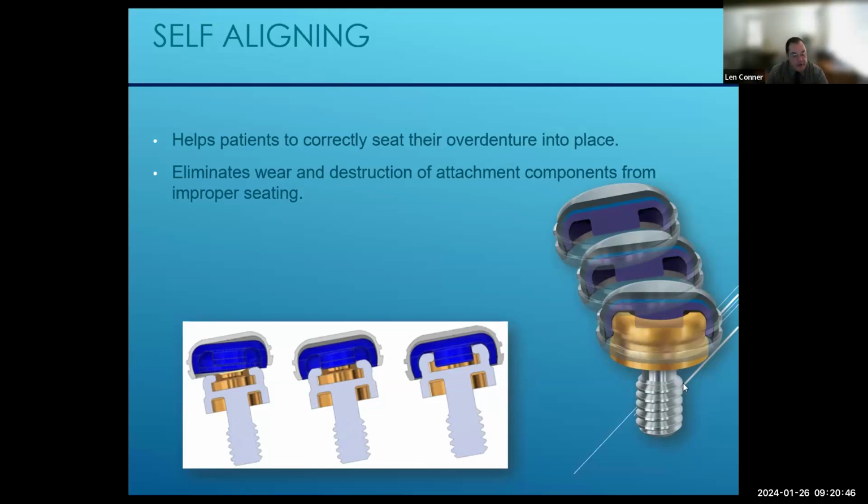It's also really important that you use the processing components for any of these appliances that you're using. For example, with locators, you have the black processing housing and cap that comes into the metal housing. That black processing housing is actually oversized, so it makes up the space when you put in your final cap.